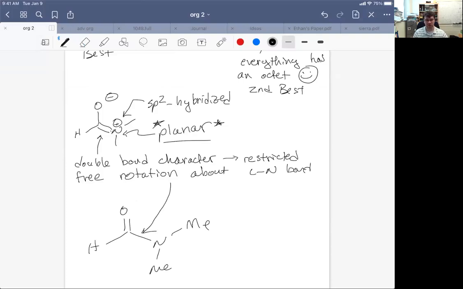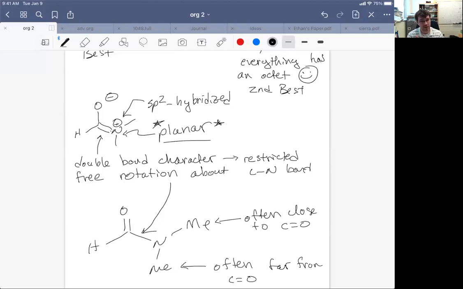It's just a different depiction of the same molecule. These different depictions can give us insights into the real properties and help us explain why this methyl group on top is often close to the CO double bond. What I mean by close is that the methyl group down here is often far from the CO double bond. We've slowed the free rotation.